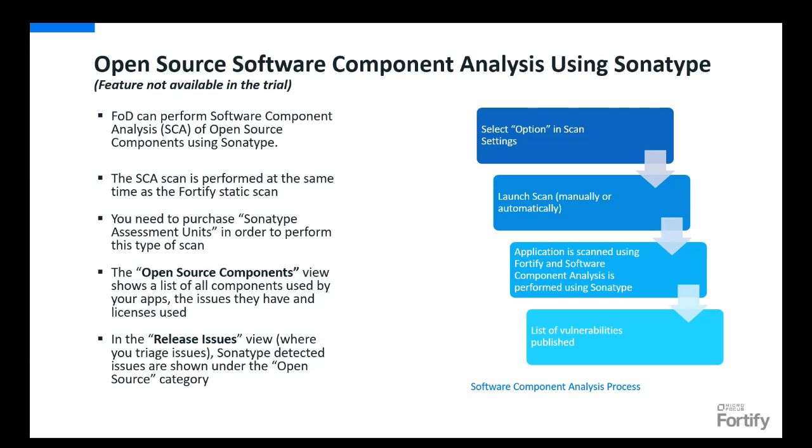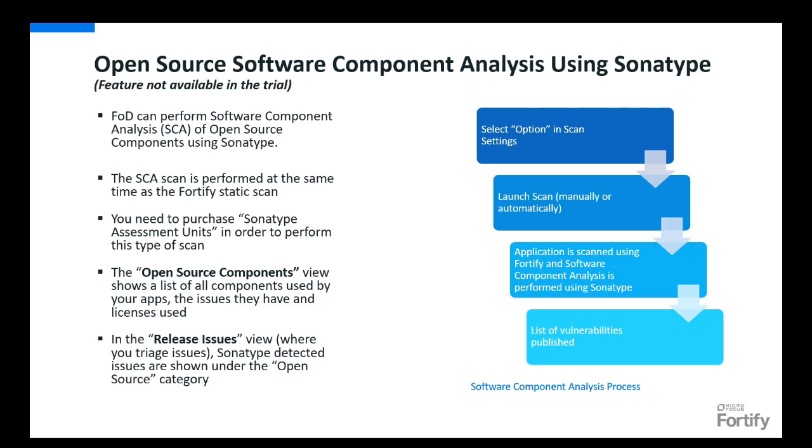You still have to purchase some type of assessment unit to actually perform an SCA scan. What you can do, as shown in the diagram here, is that when you define the static scan settings for your application, you tick a box to say you want to do that type of scan.